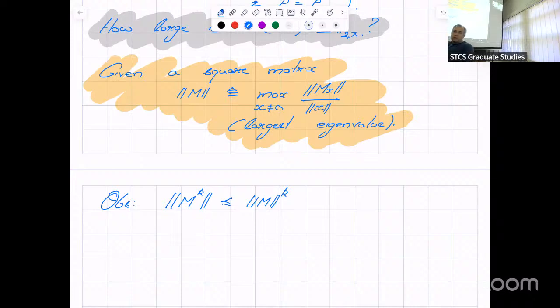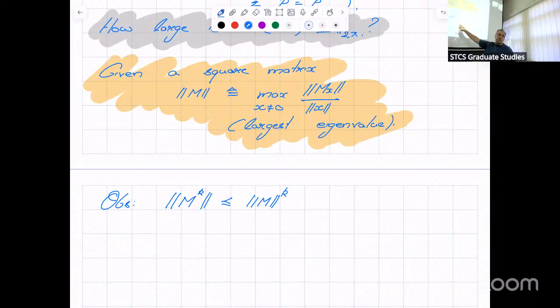Would it be an equality? The way I have defined it, it will only be less than or equal to. If the vector happens to be the eigenvector, then the maximizer for Mx over x should be the same x, and you will have the same thing. Yes, if you knew it was the largest eigenvalue, then it is an equality, I agree.